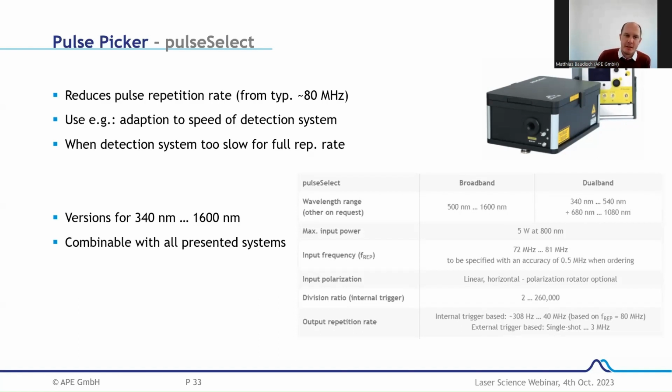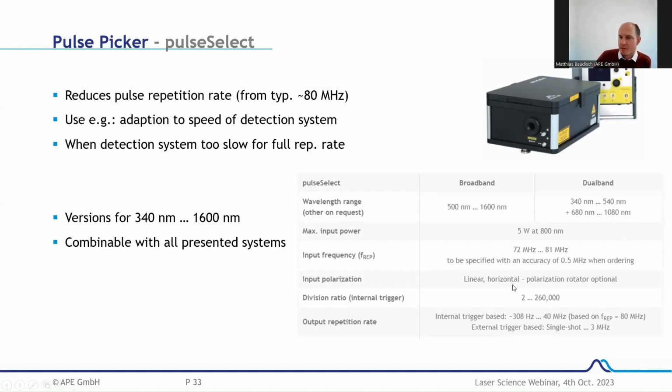And in case your detection system is too slow, or there are other delays, dead times of electronics, this can really be a problem. So with a pulse picker, you can actively reduce the repetition rate of your ultrafast laser and adapt it quite freely to the repetition rate that you want.